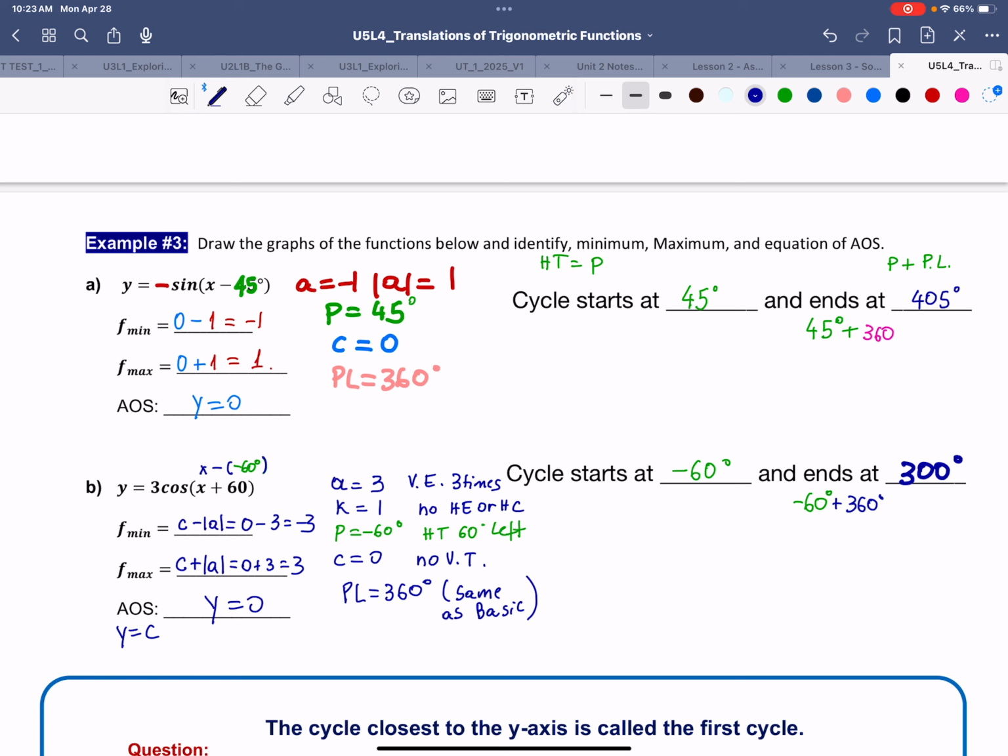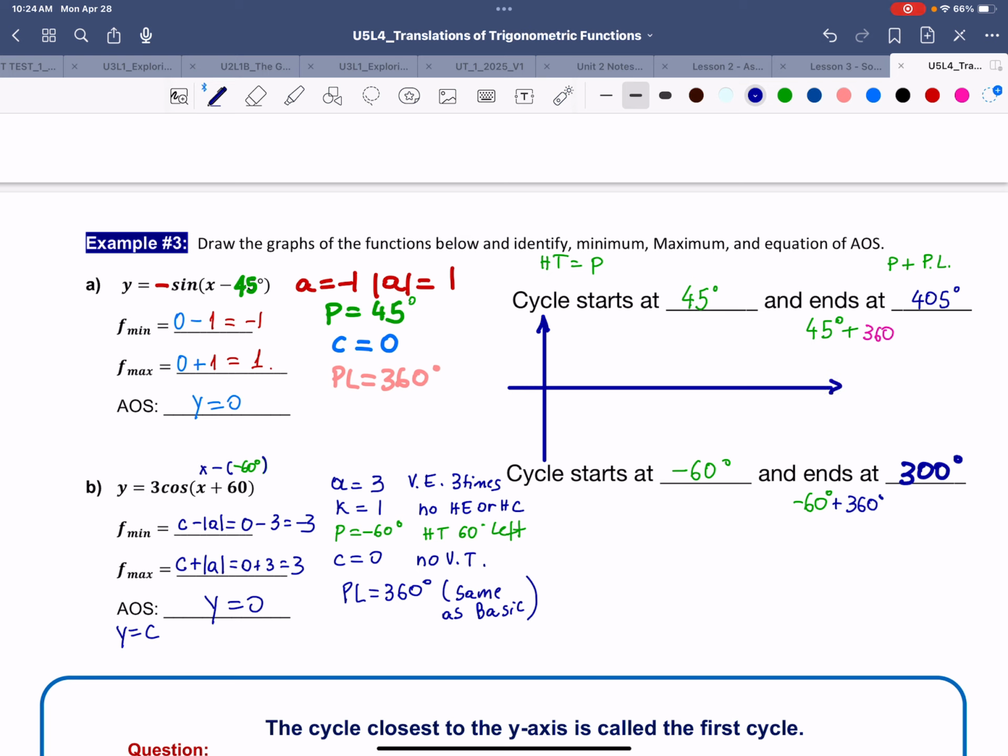So if we were to draw the graphs of these two functions, this is what we would do. We would start off by observing first the min and the max, negative 1 and 1. That will help us determine the location of the x-axis. The location of the x-axis should allow an equal number of units above and below it, because the y values are positive and negative 1, min and max. Now the horizontal translation is to the right, which means that we can give a lot of room to ourselves on the right side of the graph.